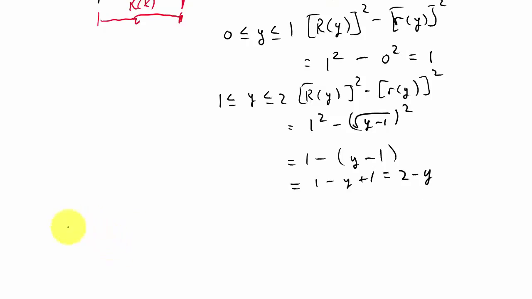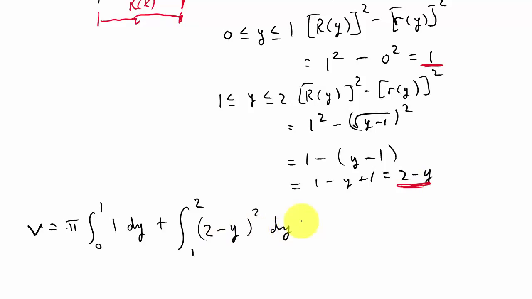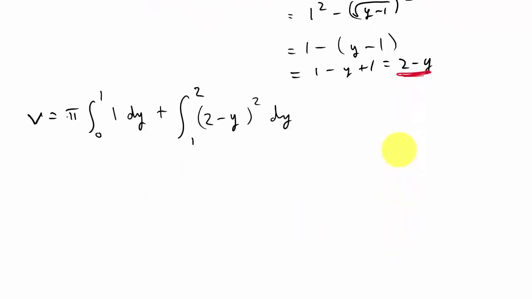Alright, so now let's set up our integrals. So I know that the volume is pi times the integral, and first I'm going to go from 0 to 1 of 1 dy, plus, because this is what I have to plug in for big R of y squared minus little r of y squared, the integral from 1 to 2 of 2 minus y dy.